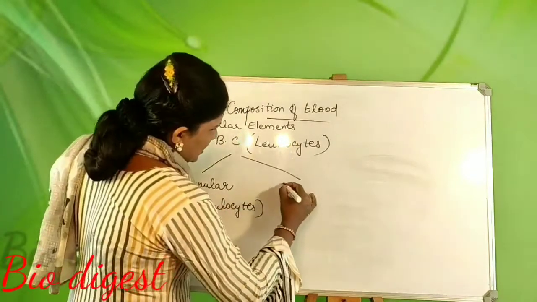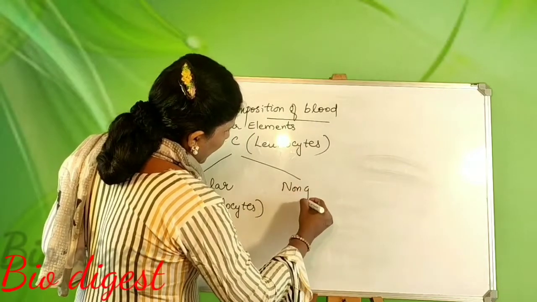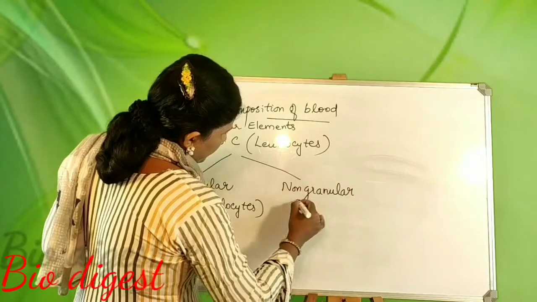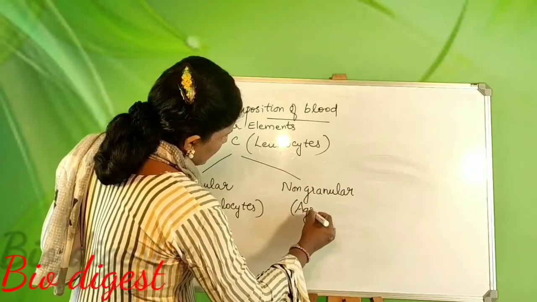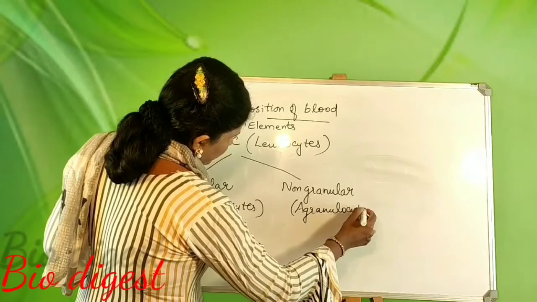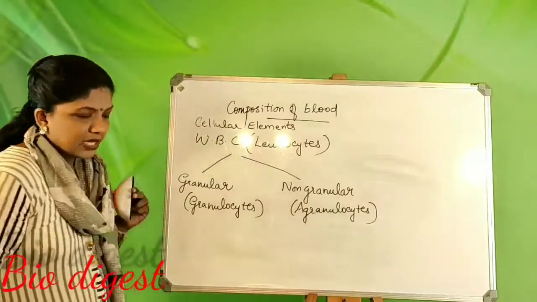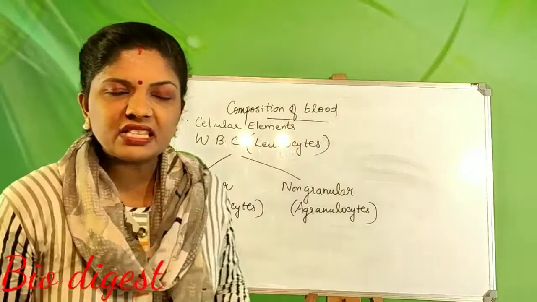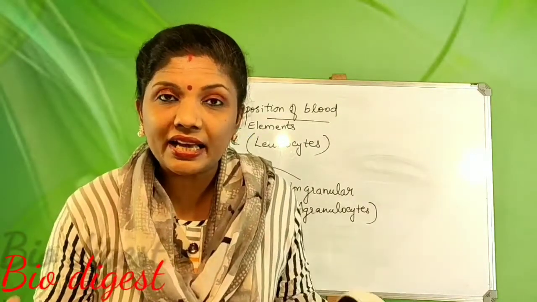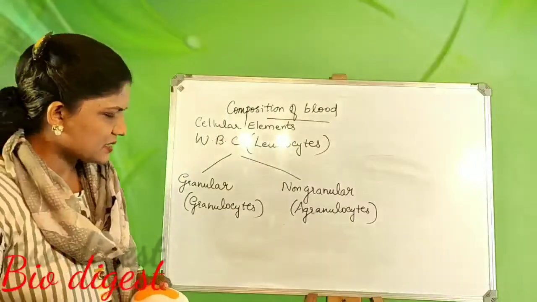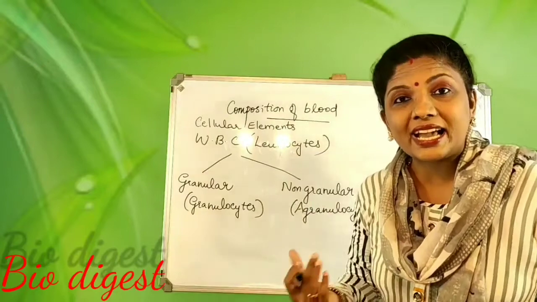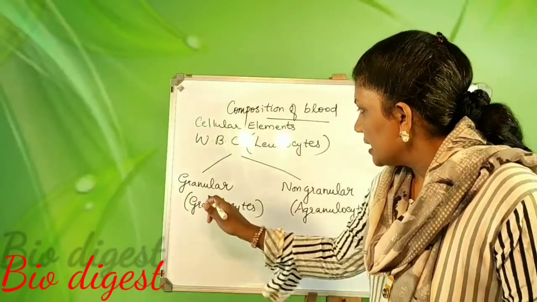The second category is non-granular WBC, otherwise called as agranulocytes. The name itself is giving some idea. What are granular and agranular WBCs? Or what are granulocytes and agranulocytes?